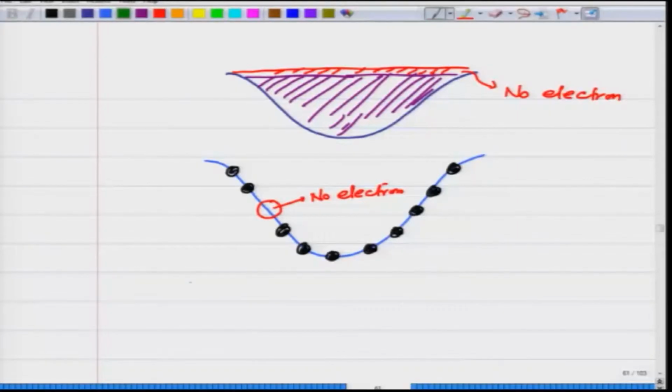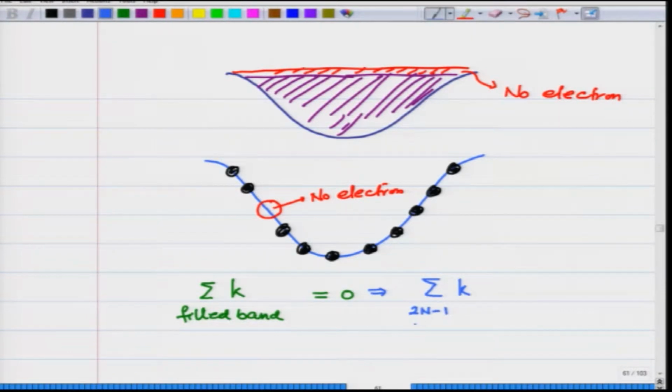I can do that because the summation of k in a filled band is 0, and therefore, if I fill 2n minus 1 states including spin, the sum is going to be equal to minus k of the missing electron.